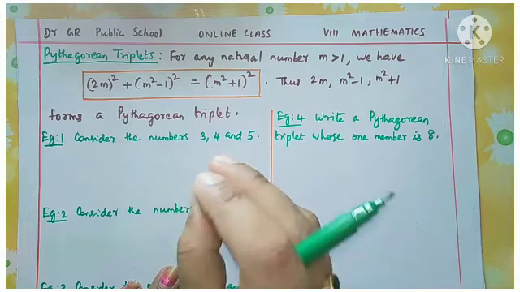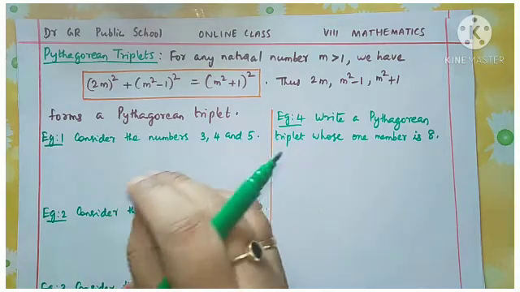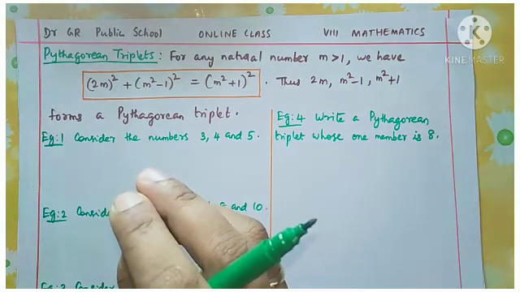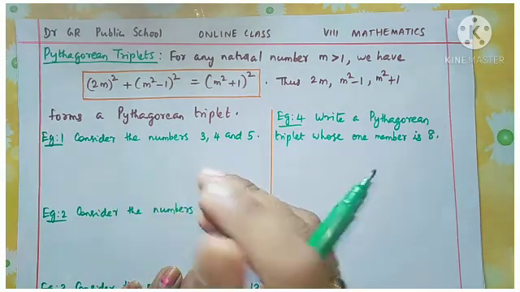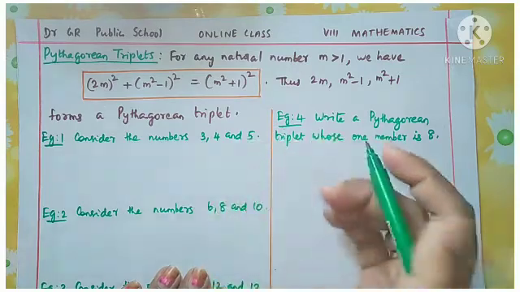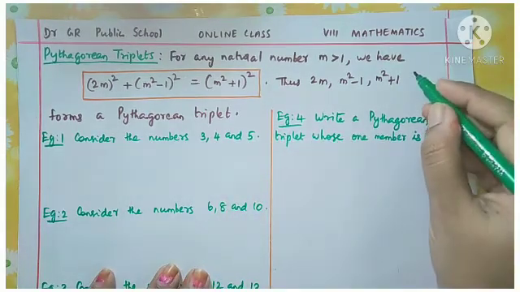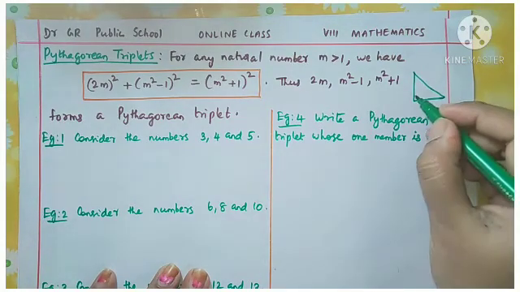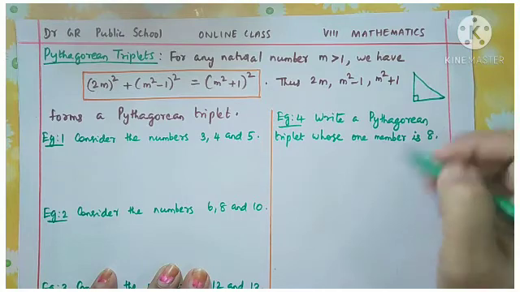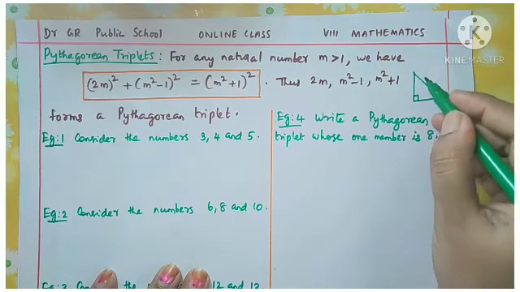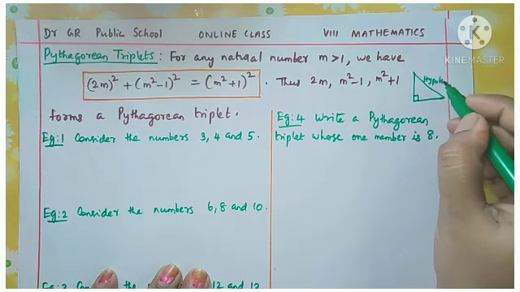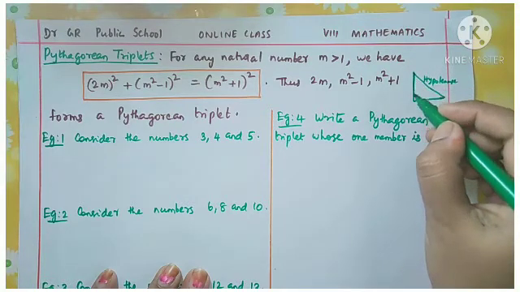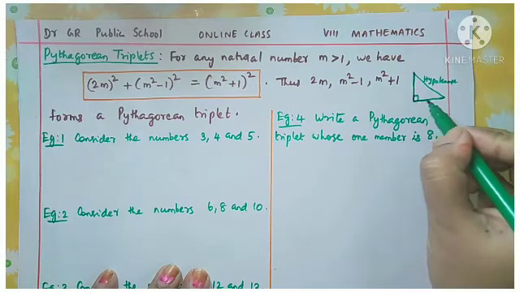of a right angle triangle. The Pythagoras theorem says the square of the hypotenuse is equal to the sum of the squares of the other two sides. Correct? When you see a right angle triangle, one angle will be 90 degrees. The side opposite the 90 degree angle is called the hypotenuse. The other two sides are the height of the triangle, altitude, and the base.